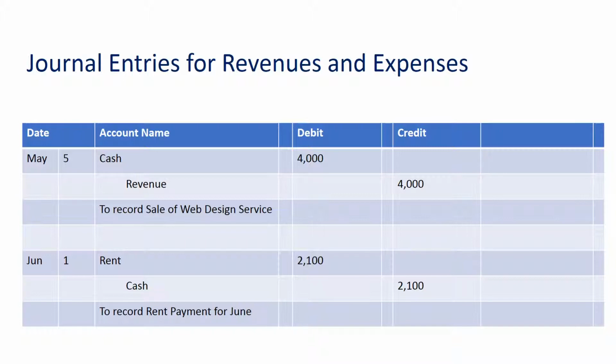Remember, assets and expenses increase with debits, and liabilities, owner's equity, and revenue increase with credits. A normal balance is the side, debit or credit, that caused the balance to increase. Sometimes a transaction affects more than two accounts. When that is the case, a compound entry is made. An important key to remember is that the total amount being debited must equal the total amount being credited.